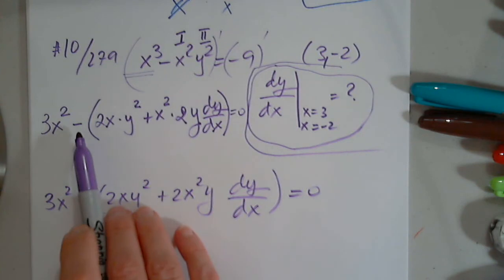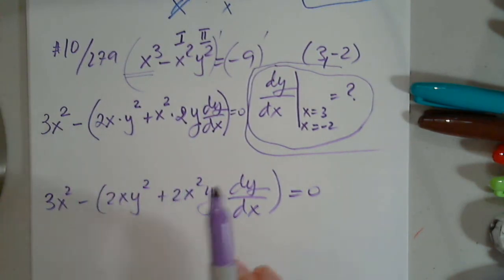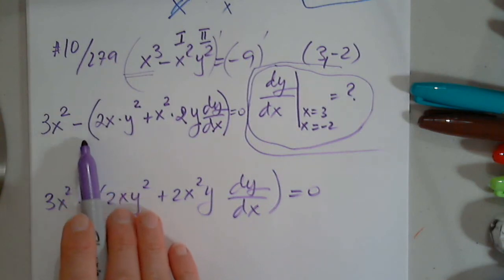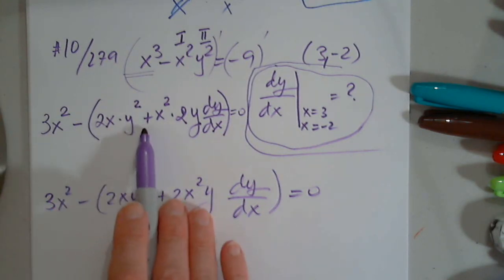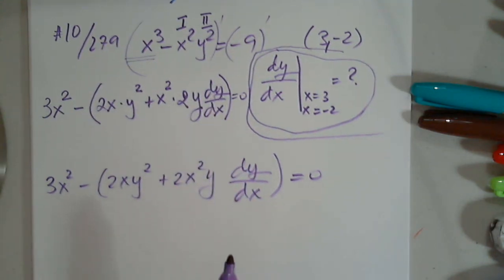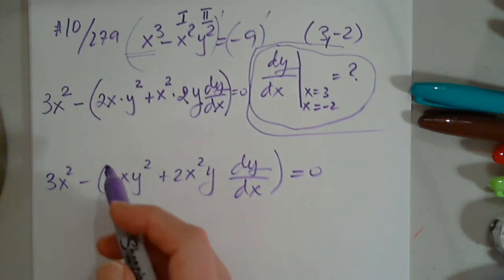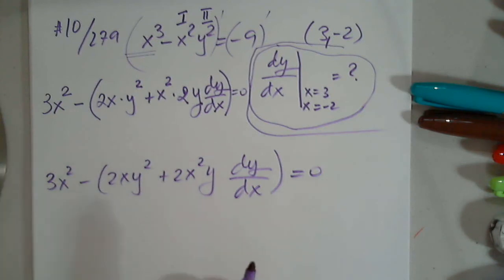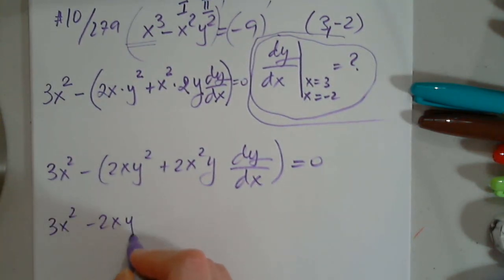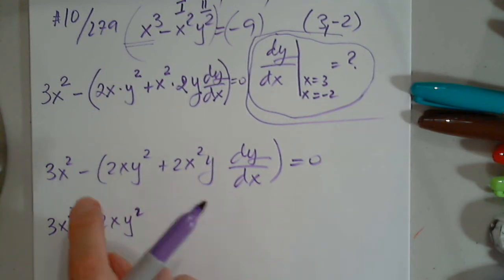Many times I'd like to do two steps in one, but here I just want to emphasize that you have to be careful because we may forget to distribute if we don't put parentheses. If you know what you're doing, parentheses are not required, but you have to distribute at once. So this is 3x squared minus 2xy squared. This will be negative.